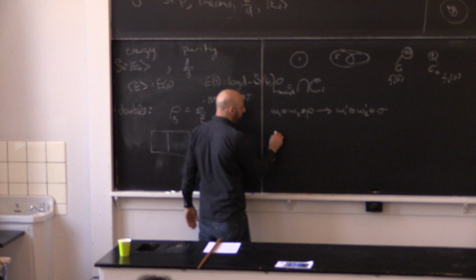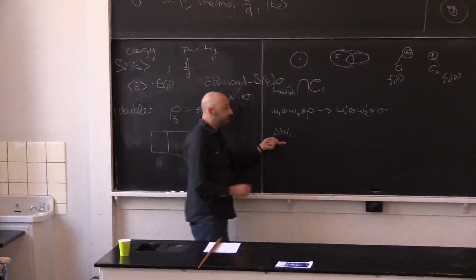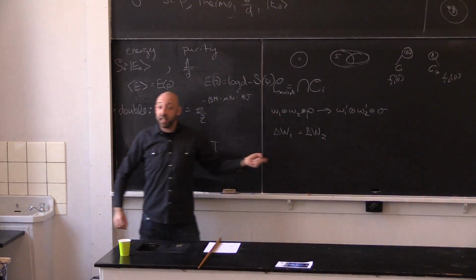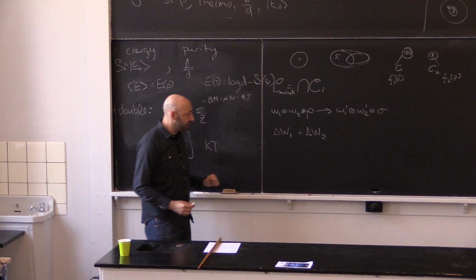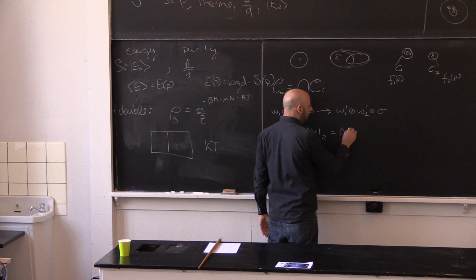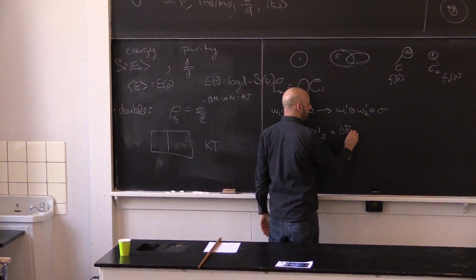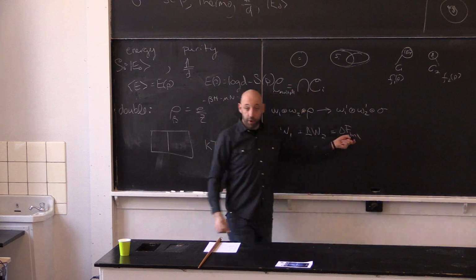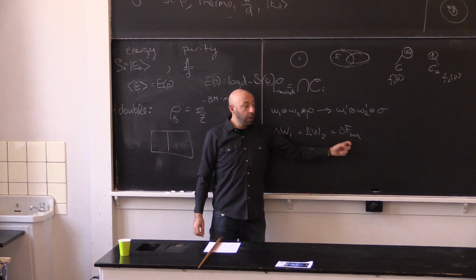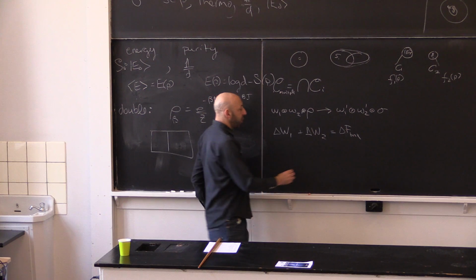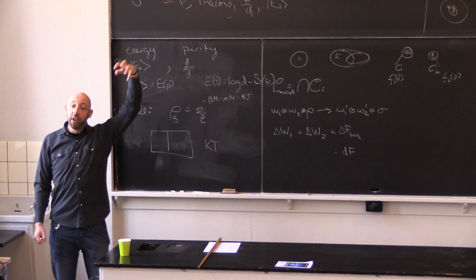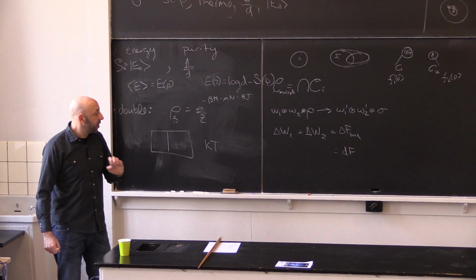In thermodynamics, you have something like this. You have work 1, which is the resource in the first resource theory, plus work 2, which is the resource in the second resource theory. This goes on to multiple resource theories, is equal to some change in the bank monotone. And the bank monotone is just the relative entropy distance to the bank state. So in thermodynamics, this would be dF, the change in the free energy, because that's the relative entropy distance of your state to the bank state.